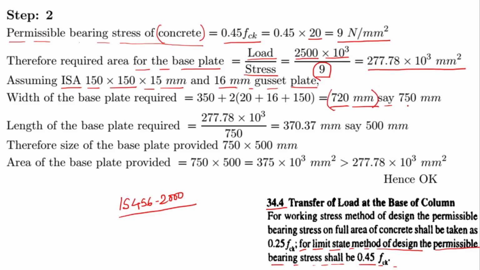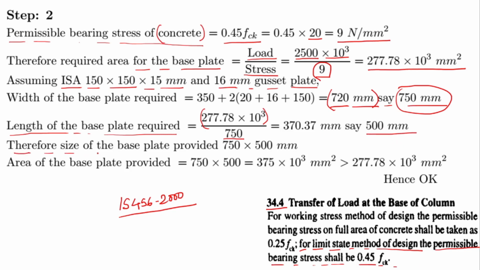So say 750 mm. Suppose you have provided 750 mm width of the base plate. Then the length of the base plate required is the total area divided by its width 750. So the length of the base plate required is 370.37 mm, say 500 mm.